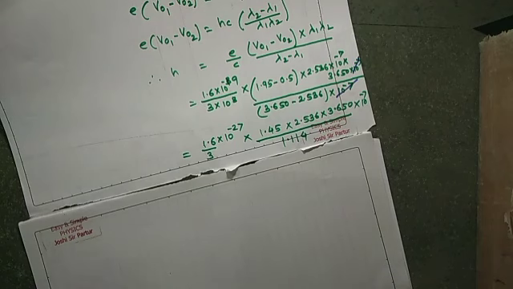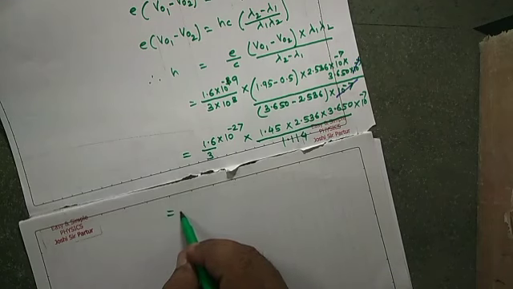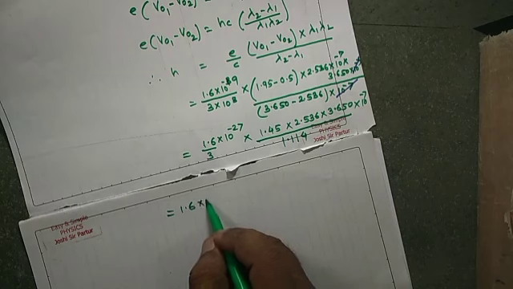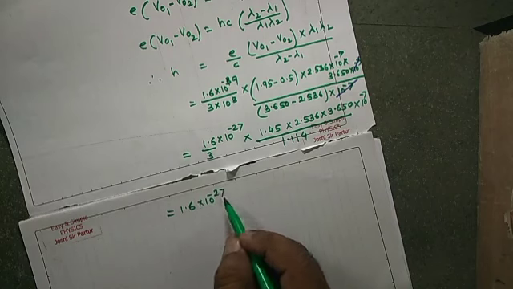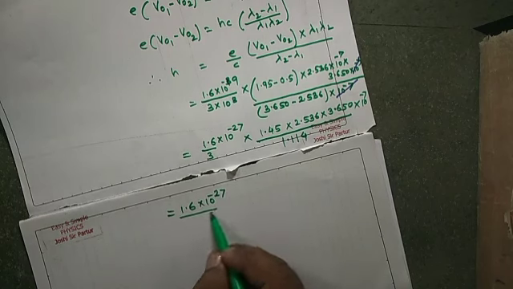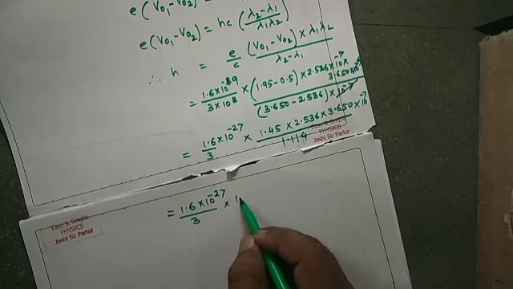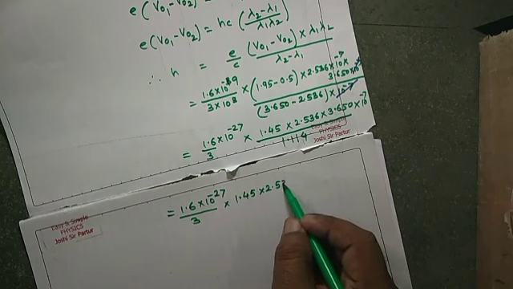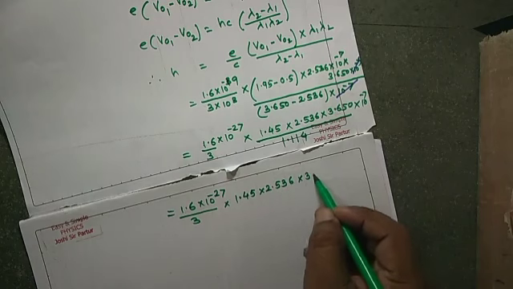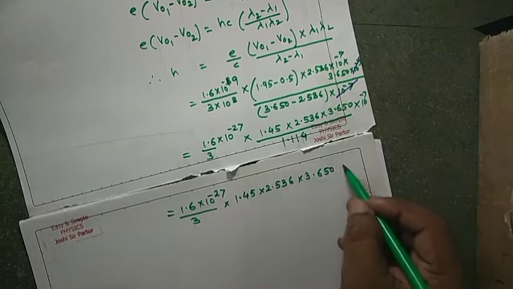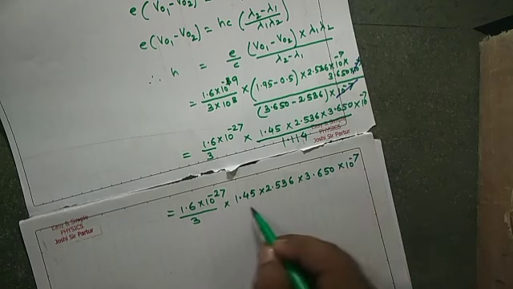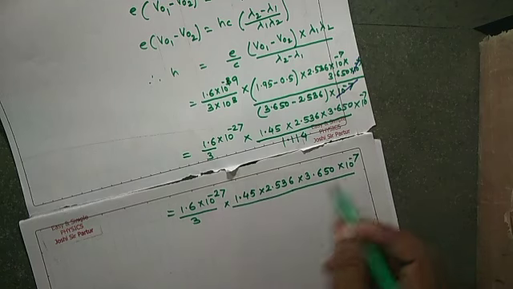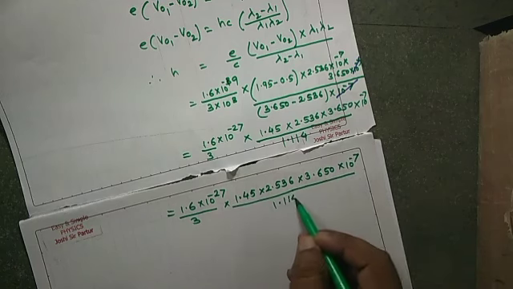So here we can write it as 1.6 into 10 to the power minus 27 divided by 3 multiplied by 1.45 into 2.536 into 3.650 into 10 to the power minus 7 divided by 1.114.